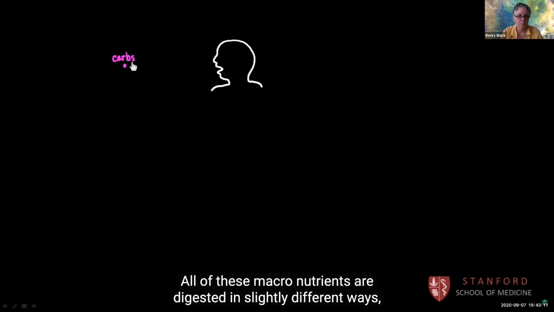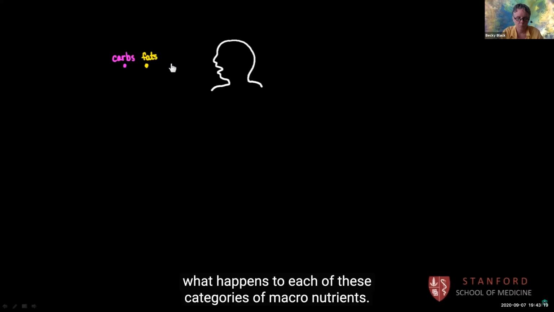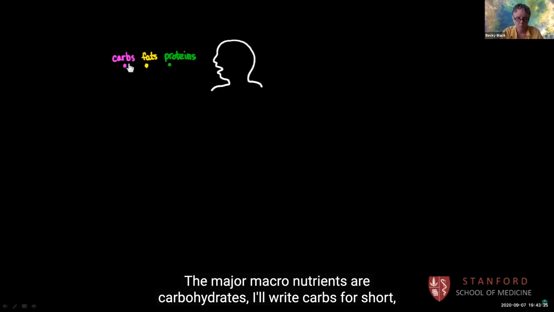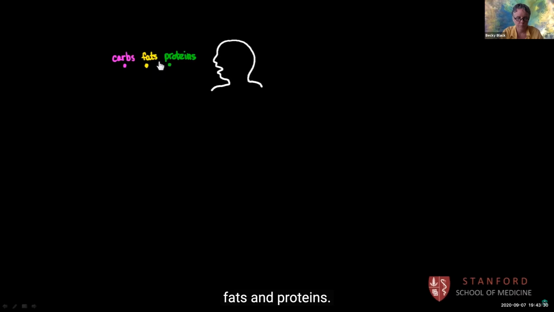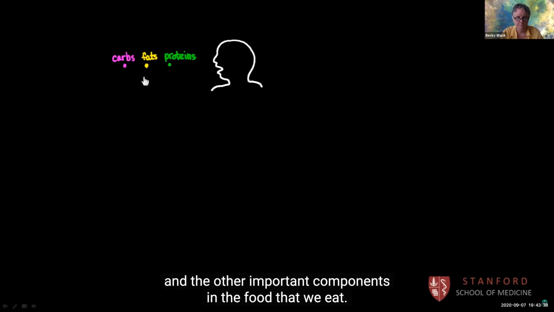And all of these macronutrients are digested in slightly different ways. So I'm going to color code them so that we can follow what happens to each of these categories of macronutrients. So the major macronutrients are carbohydrates, I'll write carbs for short, fats, and proteins. When we use the term micronutrients, we're talking about things like vitamins and minerals and the other important components in the food that we eat.